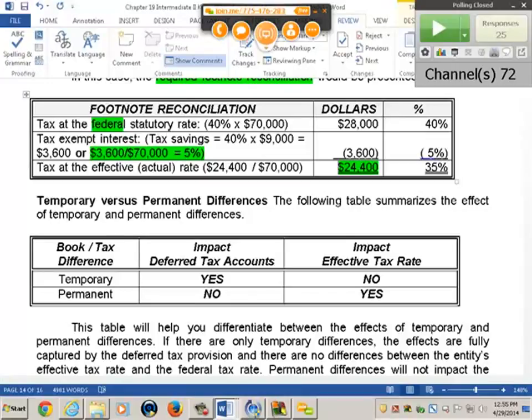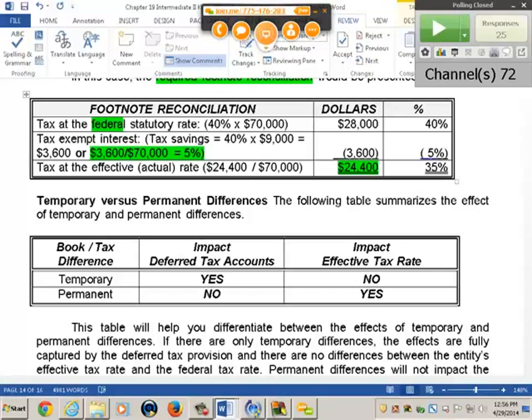If it is permanent, it doesn't change the deferred taxes, as we've shown here. And that's why I isolated it this way. Right? So when there are only permanent differences, no impact on deferred taxes. However, it does change your effective tax rate. Right? So once again, just a sort of flashcard kind of table that you can look at to make sure you have this straight.